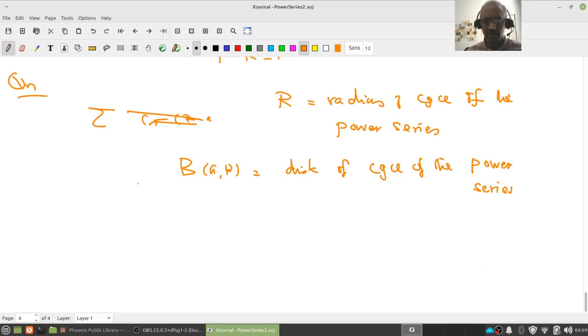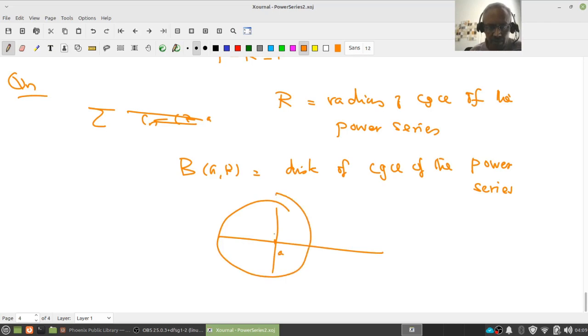Now, suppose this is my a and this is my B(a, R). What I showed is that on any smaller subdisk, this is small r and that is capital R, the series is uniformly convergent.